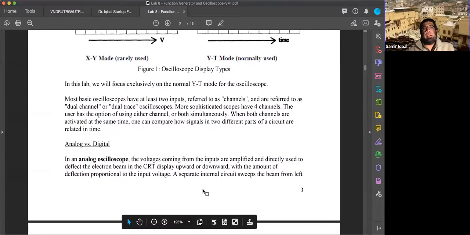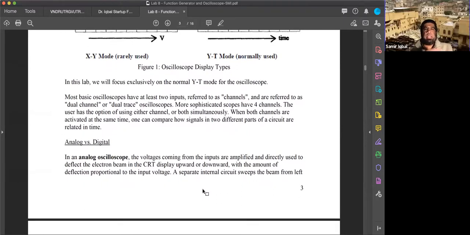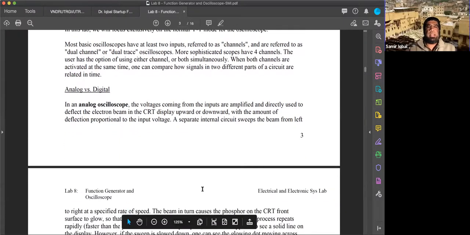Now, the signal that I was showing you is an analog signal. It is changing smoothly through many values. But then there are digital signals, which are one value changed to another, 0 and 1. That also can be done on the oscilloscope. In that case, we just change the setting and say, okay, digital signal.